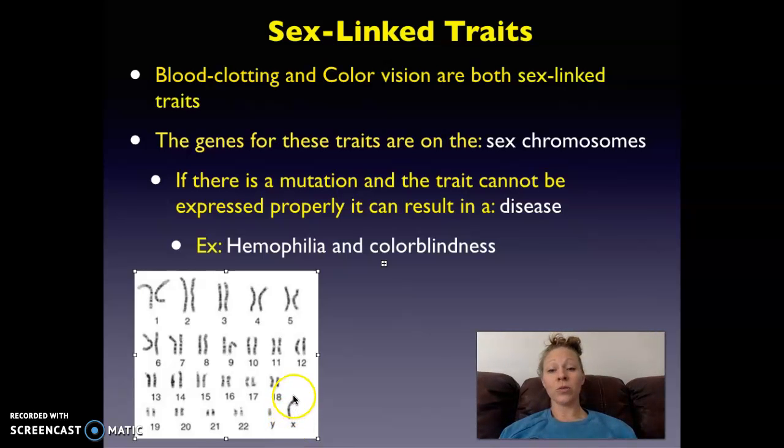And so that's going to result in either hemophilia or color blindness. So if your blood clotting allele has a mutation, it's going to result in hemophilia. If your color vision gene on your X chromosome has a mutation, that's going to result in color blindness.